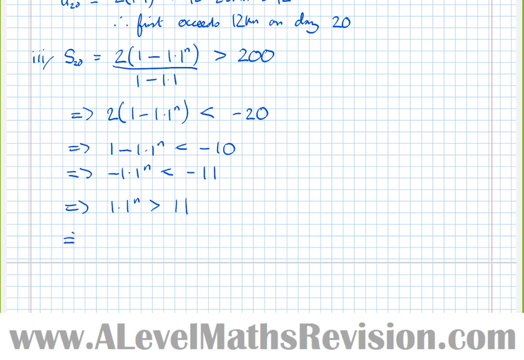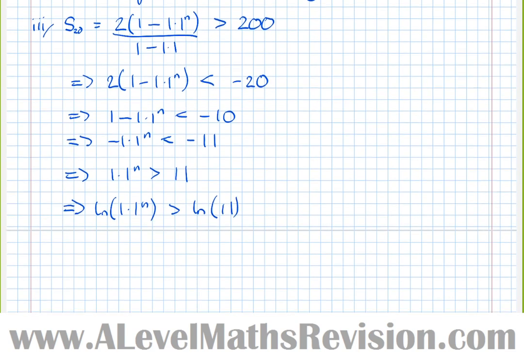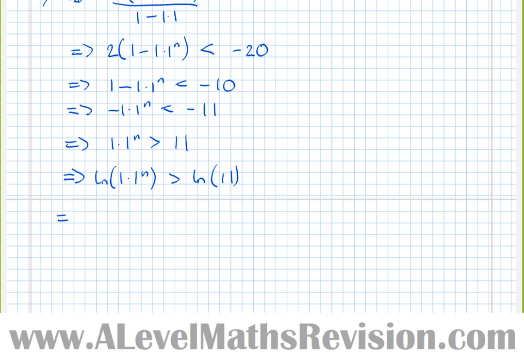Then log both sides. ln of 1.1 to the power of n is greater than ln of 11, which implies that n ln of 1.1 is greater than ln 11 using the power rule.